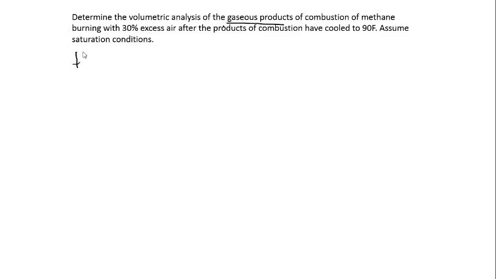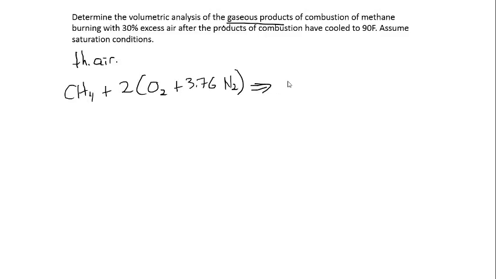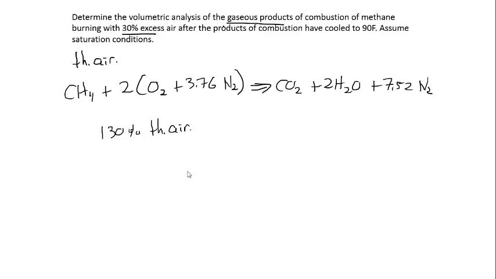So let's first look at theoretical air here. This is the reaction for methane with theoretical air: 1 mole of methane plus 2 moles of oxygen yields 1 mole of CO2, 2 moles of water, and 7.52 moles of nitrogen. Now this problem says it's 30% excess air, so that makes it 130% theoretical air.